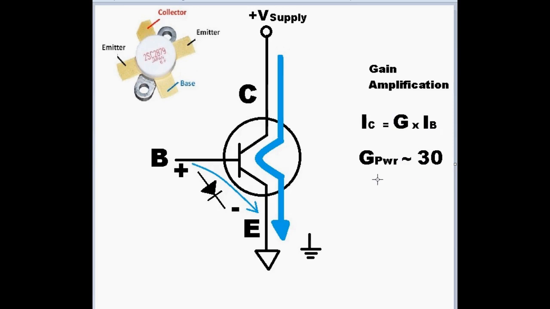And so that means 1 watt in will give 30 watts out, or more like 3 watts in will give 90 watts out. So that's how the transistor operates. A small control current from the base to the emitter allows a much more massive current flow in the main path from the collector to the emitter.